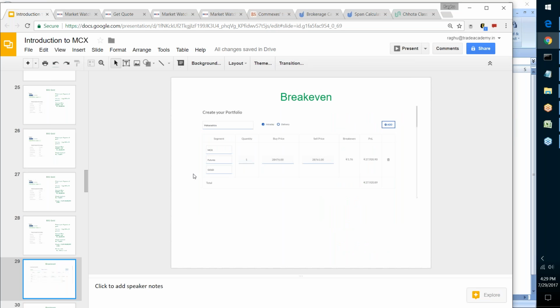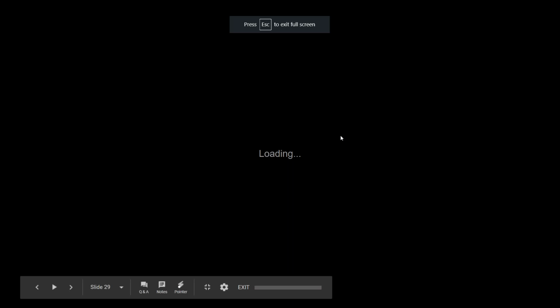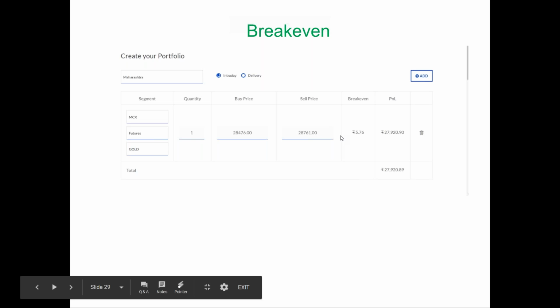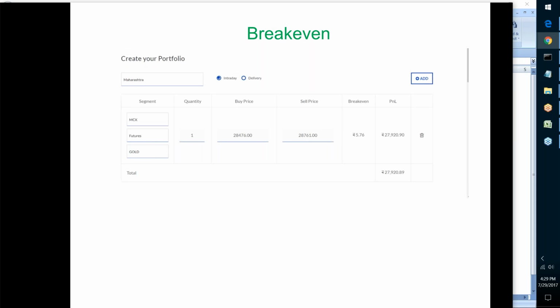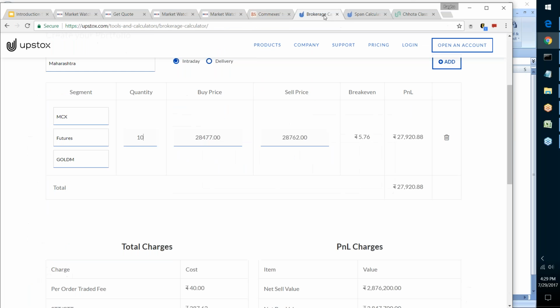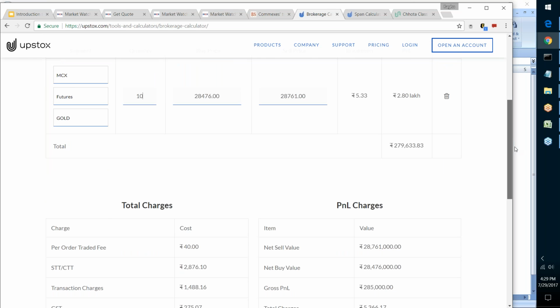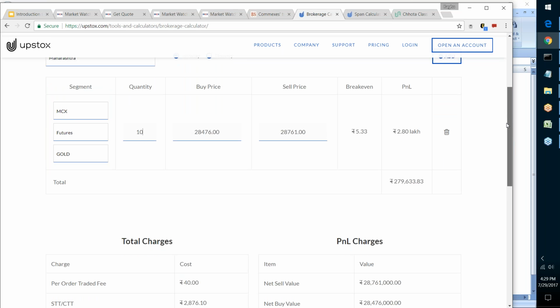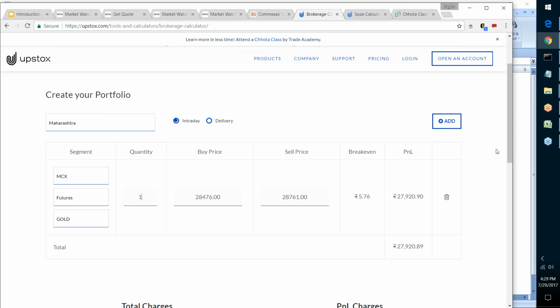Let me go into full screen here. Your break even comes out to 5.76 rupees on Upstocks. Let me see whether that goes down if I trade 10 lots. It does, because of the brokerage. Obviously, trading 10 lots is difficult because you have to put up a lot of margin.